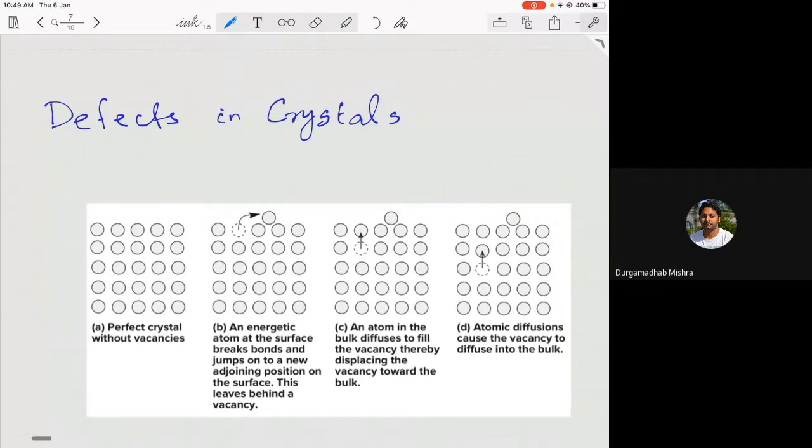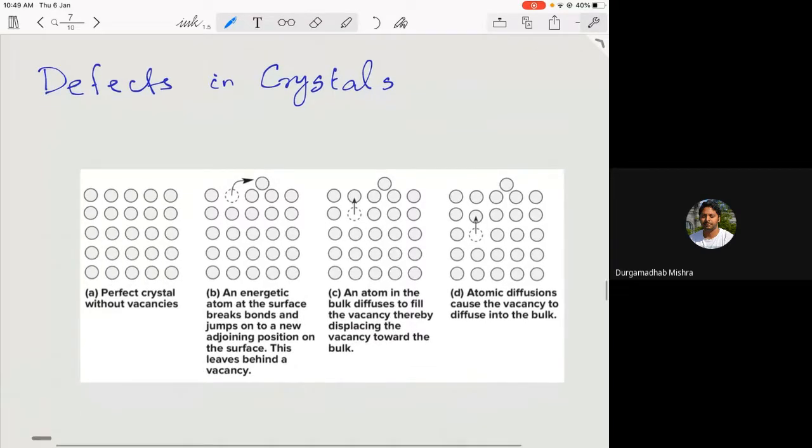If you look at a perfect crystal, all the lattice sites are occupied by atoms, but these atoms are not idle. They are not just sitting there, they are actually vibrating.